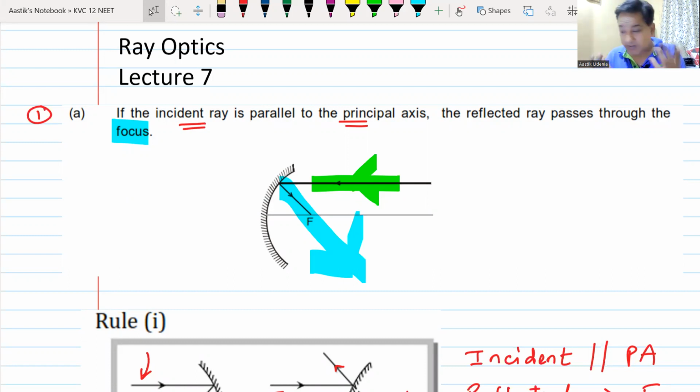Remember, no one is going to ask you to draw the ray diagram. It is just for your understanding. Write rule number 1: the incident ray is parallel to the principal axis, and the reflected ray will pass through the focus. The incident ray is the green one. The reflected ray is the blue one. Shall we move ahead now?